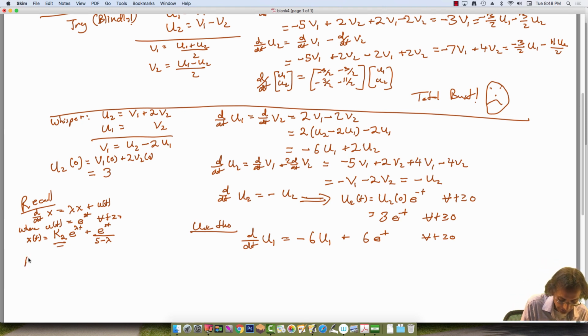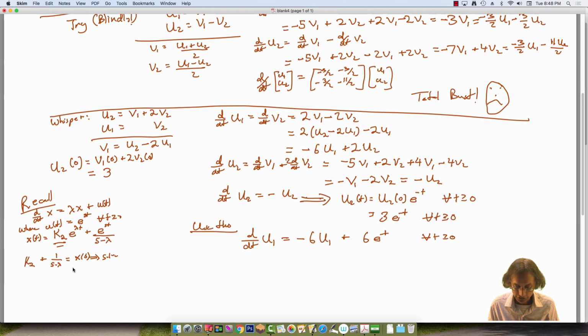So in general, you need k2 plus 1 over s minus lambda, in this particular case, to equal x naught. And you can solve. We've done this already. So this is going to have the solution u1 of t equals some constant k2 e to the minus 6t, which comes from this part, plus 6 e to the minus t divided by s minus lambda.